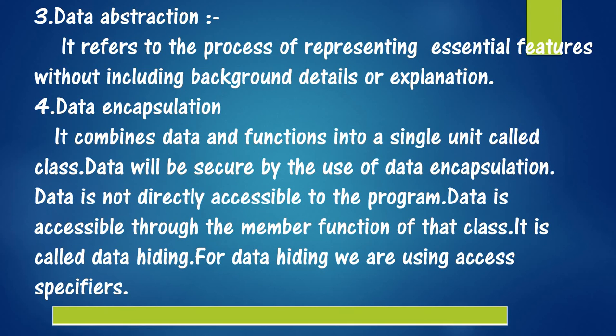That is called data hiding. We can hide some data, or give more security to some data, using access specifiers like private, public and protected. That is, using this data encapsulation, we can give more security to the data.